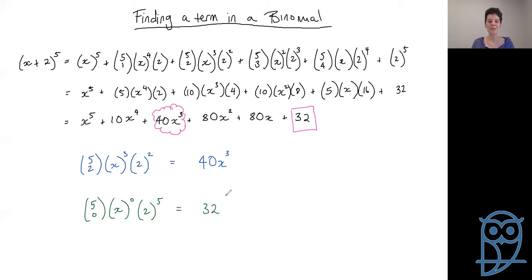So how do you know which one to do? If you don't write out the whole sequence, how do you know what r is and therefore what your powers are? And that's where we have a funky thing using understanding of indices.